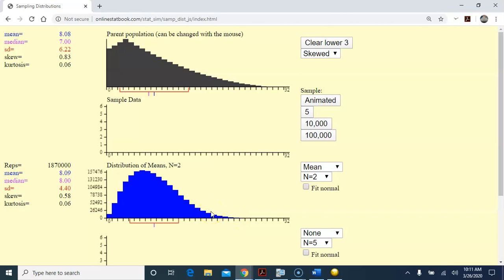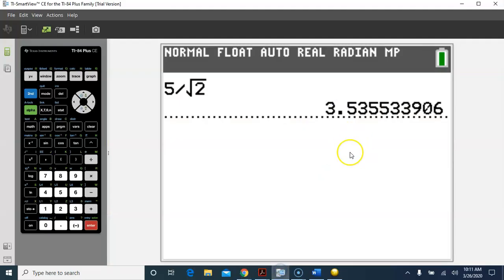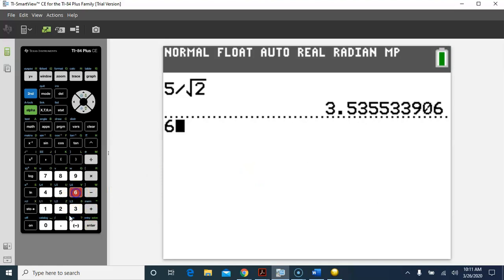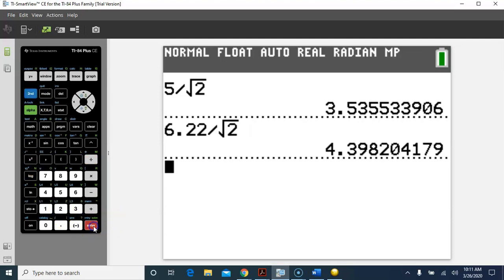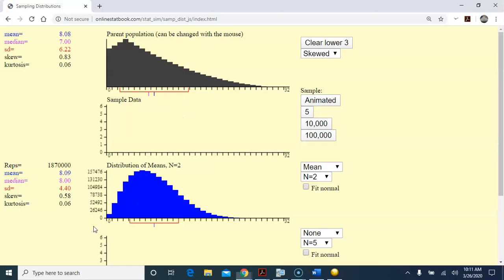Now notice the other 2 formulas are still working. The mean of the population is 8.08. The mean of our x bars is about 8.08. The standard deviation of the population is 6.22. And 6.22 divided by radical n is 4.39, basically 4.4.